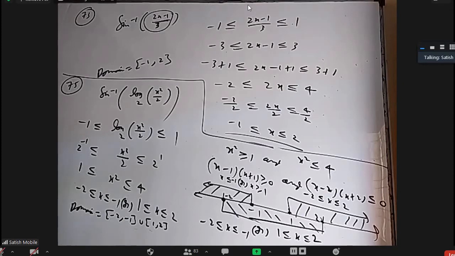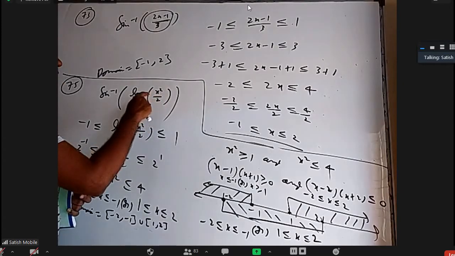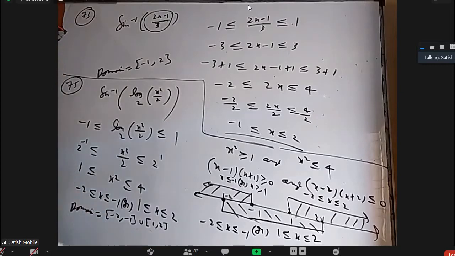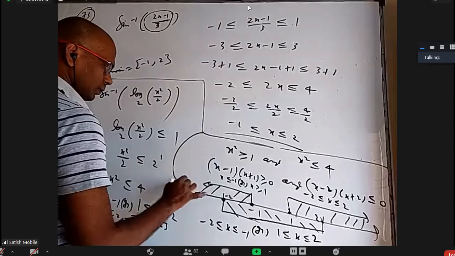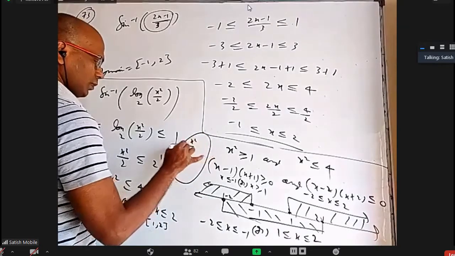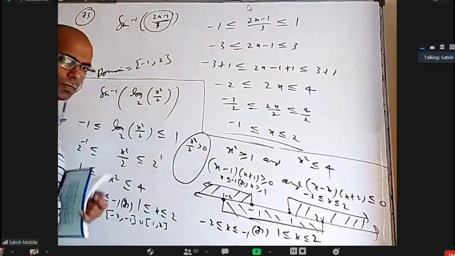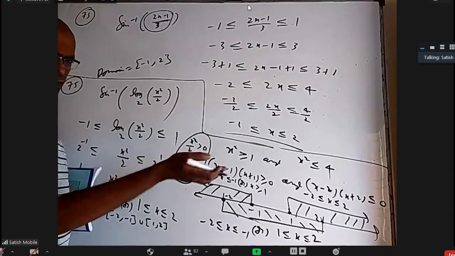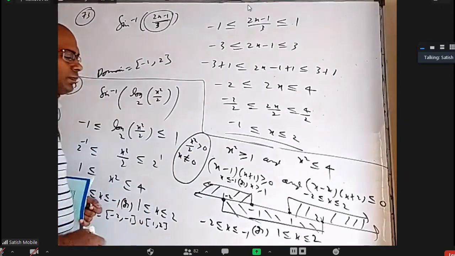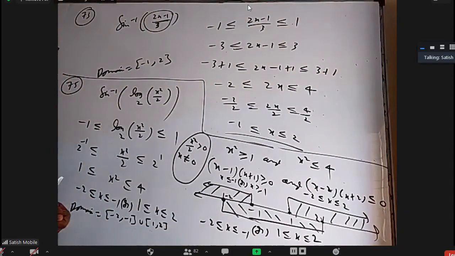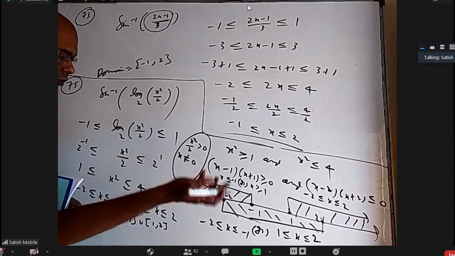But one more thing we have not checked, though there is no problem, that this should be only positive. It cannot be negative or 0. I have to write that also. I'll write one small thing here. X square by 2 should be greater than 0. One may say x square by 2 is always positive, but at 0 it is not, which implies x should not be 0. But luckily in our answer, x equal to 0 did not come anywhere, so we already removed it.